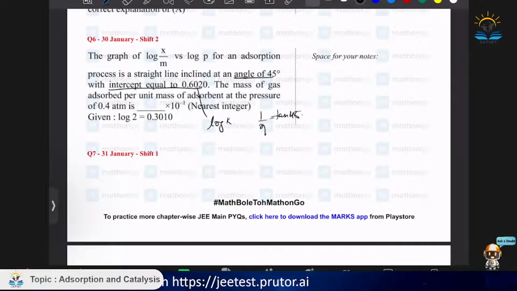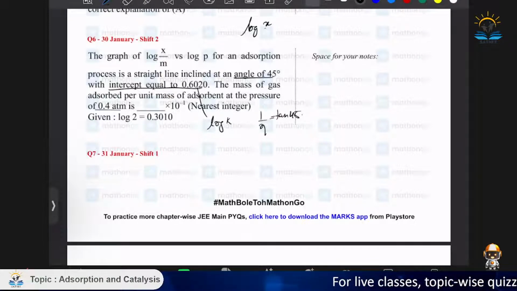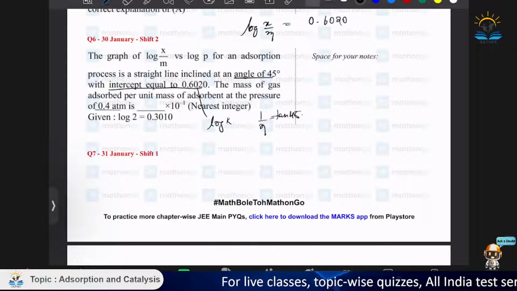The mass of gas adsorbed per unit mass of adsorbent at pressure 0.4 atm. Okay, so basically what they're saying is log x by m is equal to log k, they have given 0.6020.